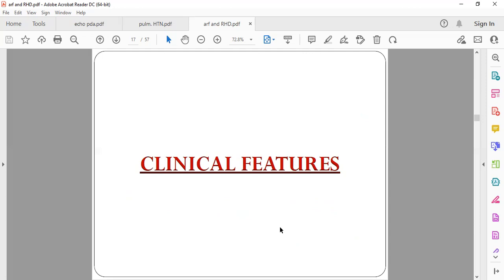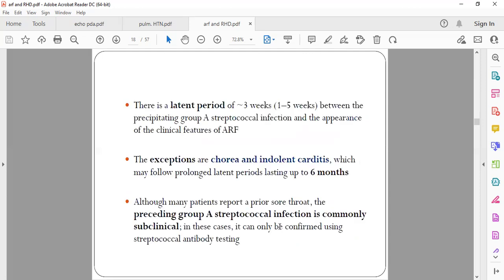Now we'll go to the clinical features. Once a patient has been exposed to group A streptococcus, there is a latent period of around 3 weeks. It is the time period between the group A streptococcus infection and the appearance of clinical features. Generally, the most common features of rheumatic fever are fever or joint pains, and joint pains come very early, whereas the exceptions are chorea, that is Sydenham's chorea, and carditis, which appear late.